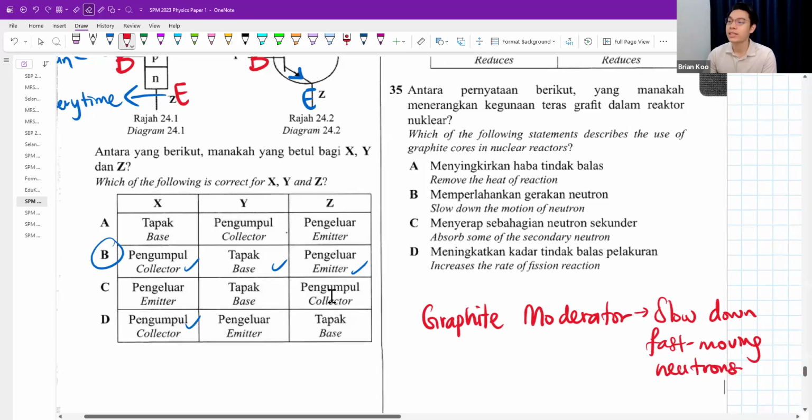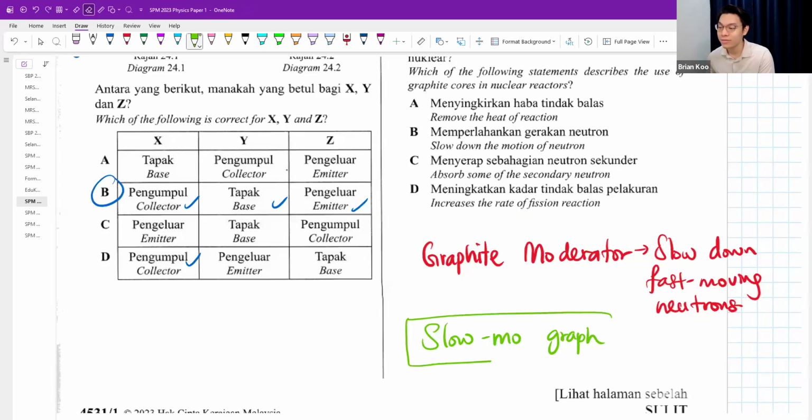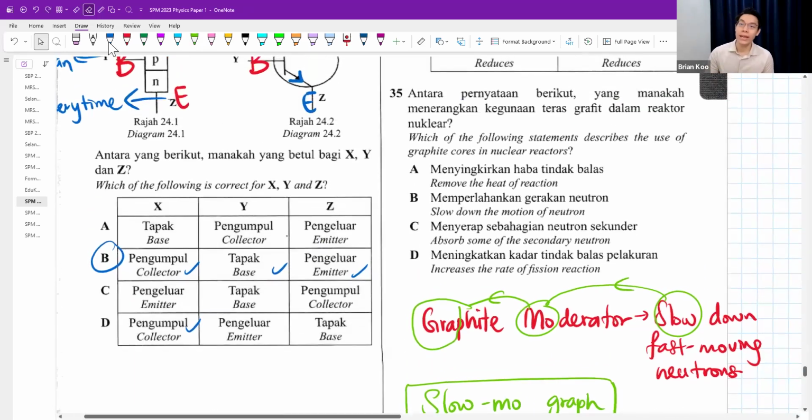I always tell my students when I teach them this, I call it a slow mo graph. It doesn't make sense, I know, but somehow they just remember it very well. Slow mo graph. You have to read from the back. Slow mo graph. Okay, graphite moderator is always to slow down. The best answer is B.